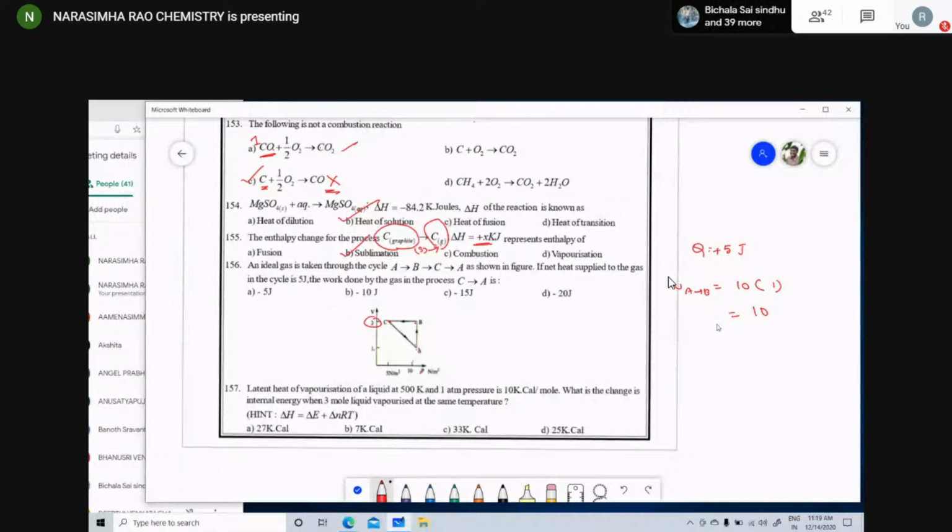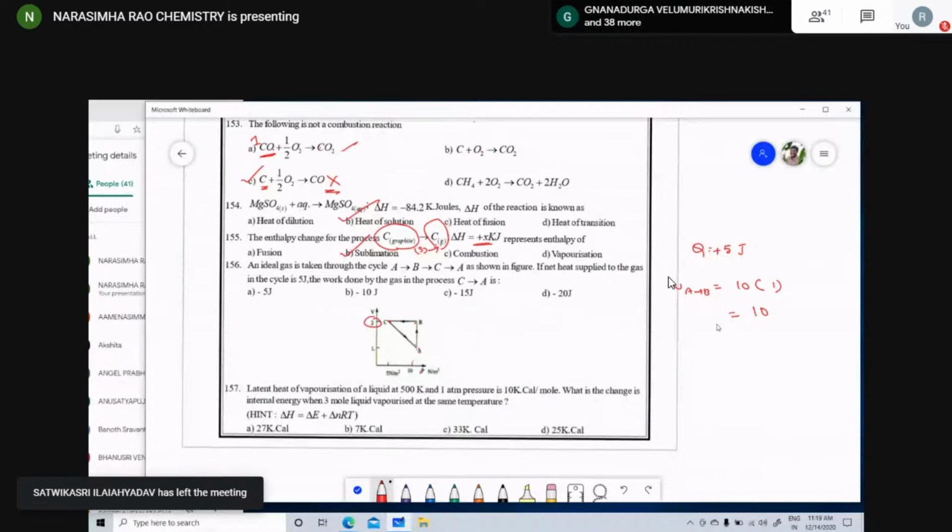We have to sum up W totally. Q is equal to W, means 5 is equal to W1, this is W2, this is W3, W2 plus W3.